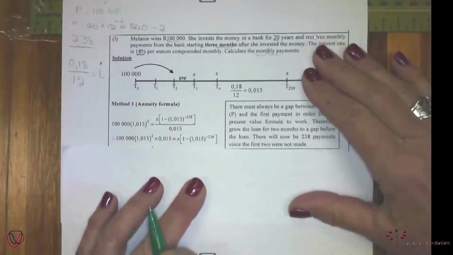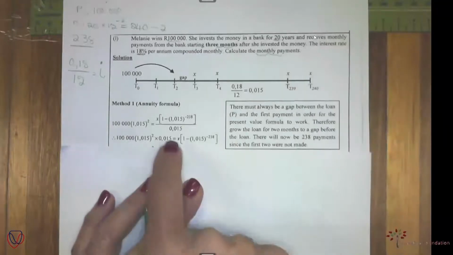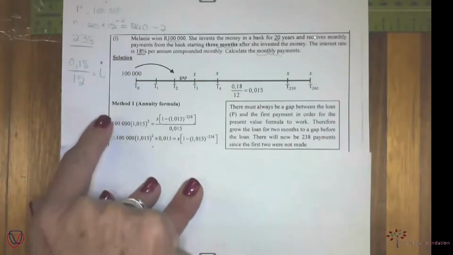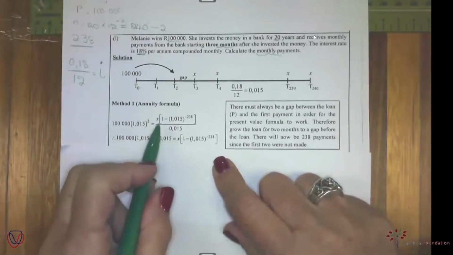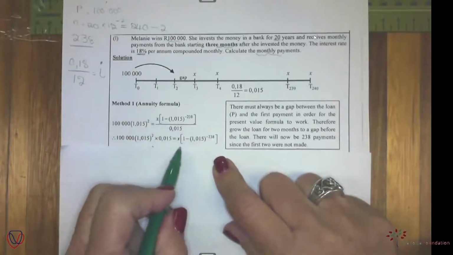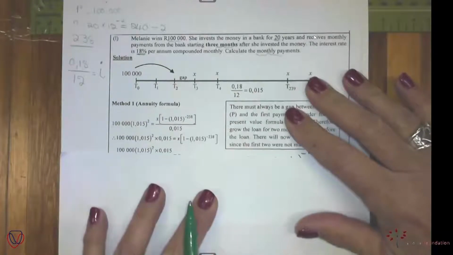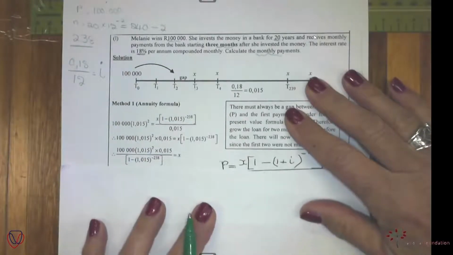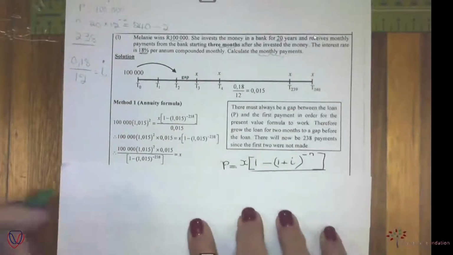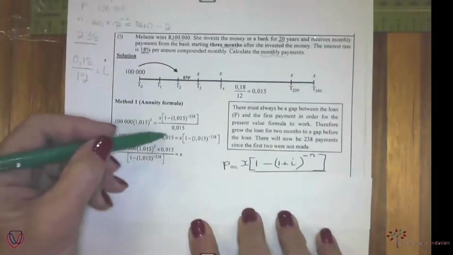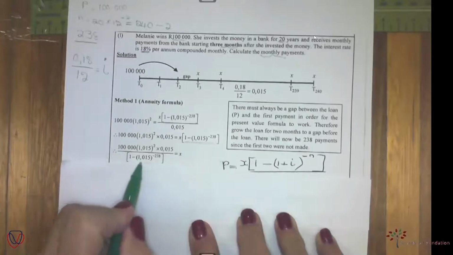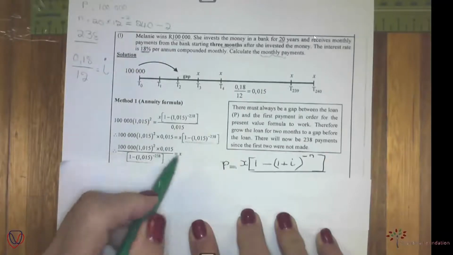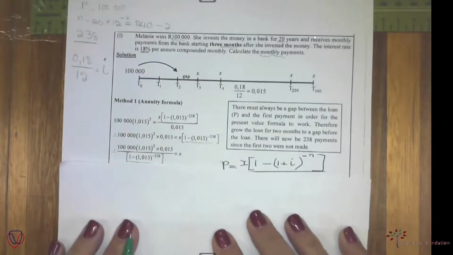Then, to simplify here, I'm going to multiply that one by that one. There it is. And then on this side, I will only have the bracket left. Step by step, people. Then I'm going to do this. I'm going to have this one times this one. And I'm going to divide that one in here. So that I can get X on the one side. Can you see that?